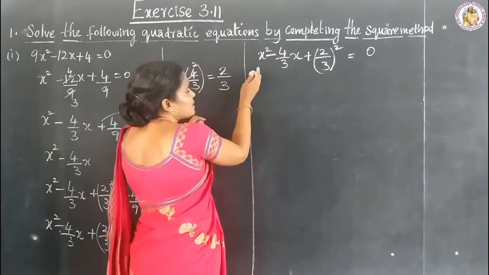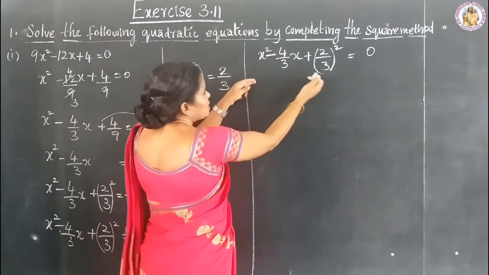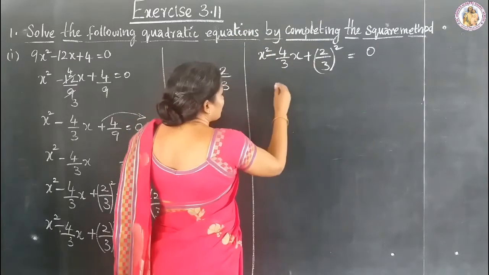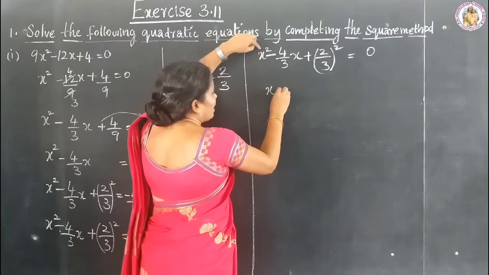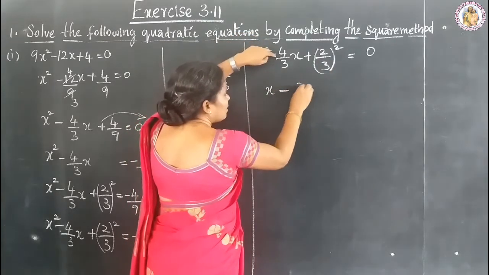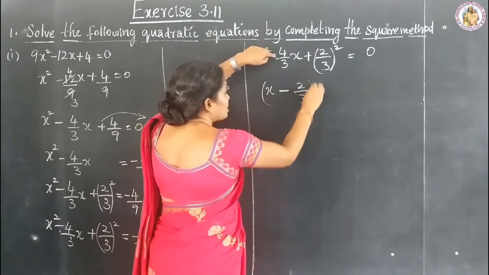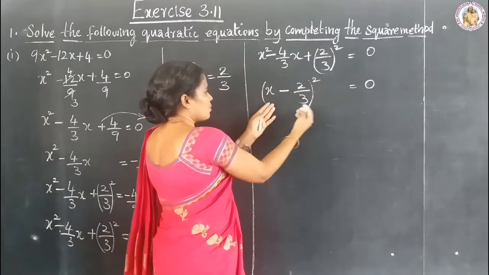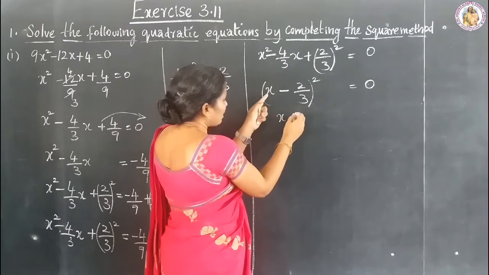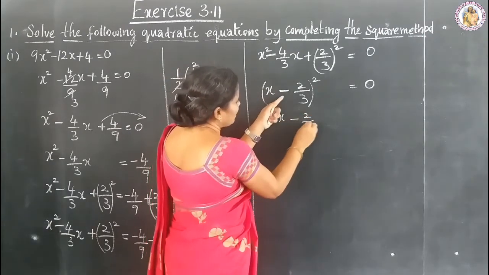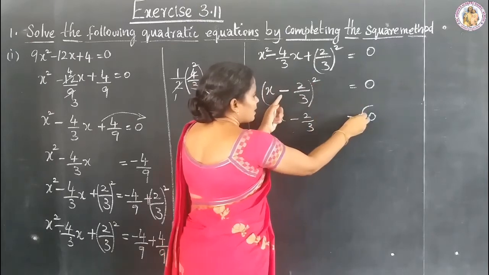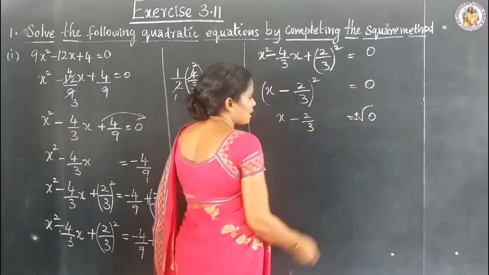You can see this is of the form a minus b whole square, that is a square minus 2ab plus b square. So we write x minus 2 by 3 whole square is equal to 0. Removing the square, x minus 2 by 3 is equal to the square root of 0, that is plus or minus 0.